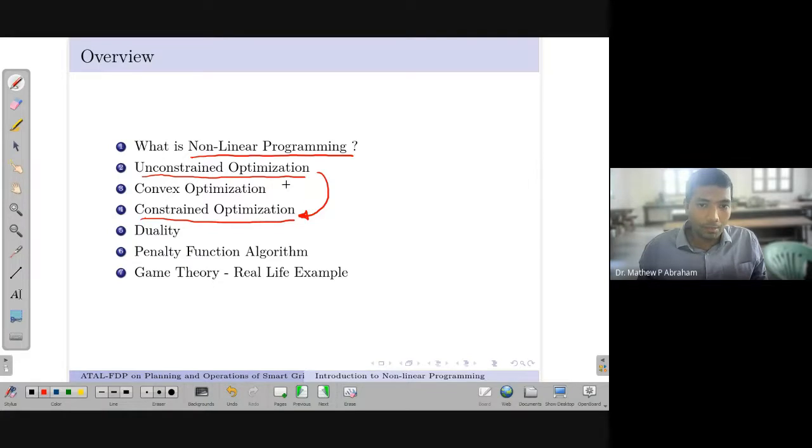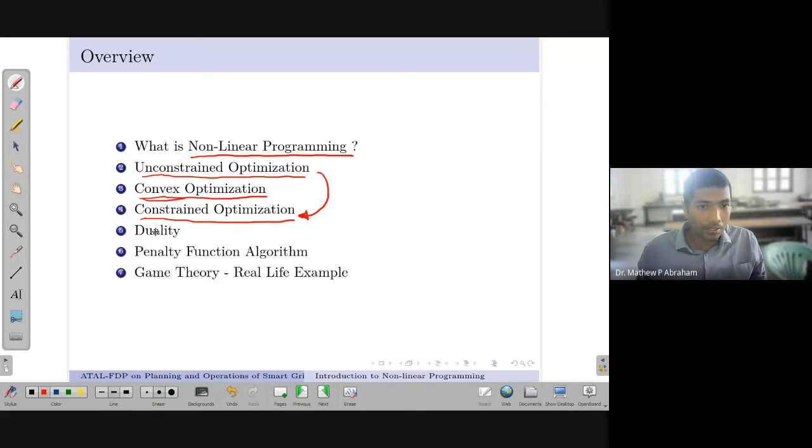In between, I will introduce one of the most celebrated classes of optimization problems, called convex optimization. I'll explain what a convex optimization problem is and what makes it so significant.